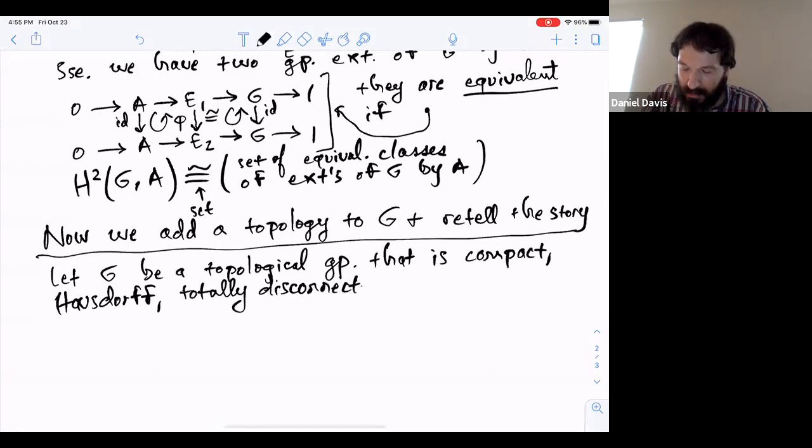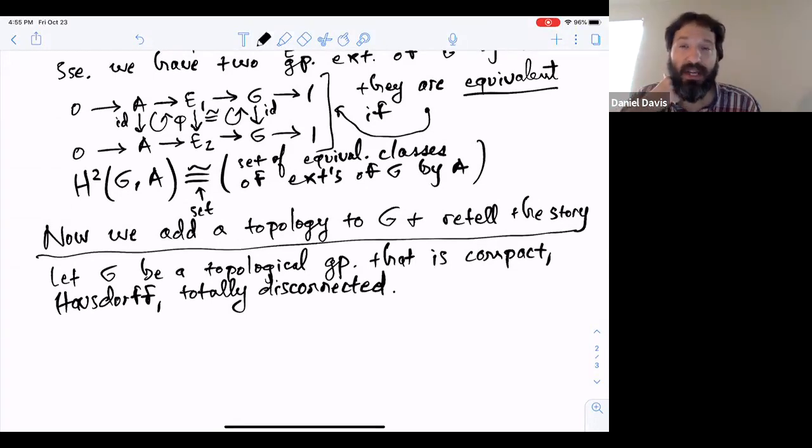Totally disconnected just means that the only connected subspaces are the 1-point sets. So the connected components of this space are all of the 1-point sets.